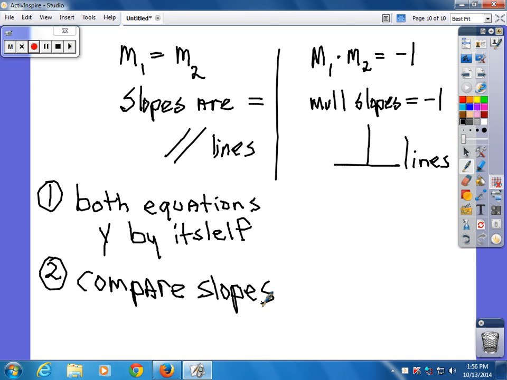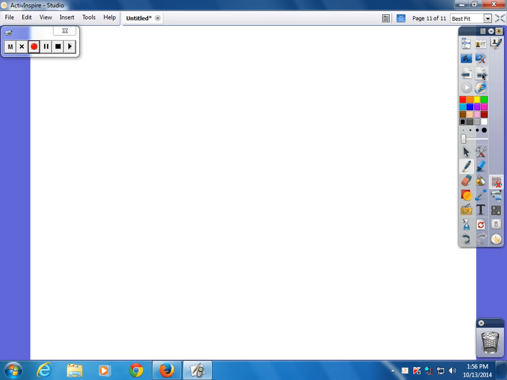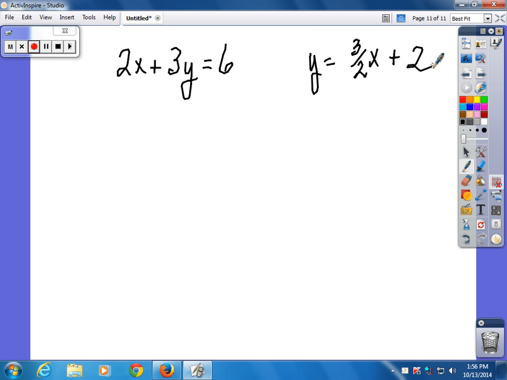Now, I'll give you an example. 2x plus 3y is equal to 6, and y is equal to 3/2 x plus 2.